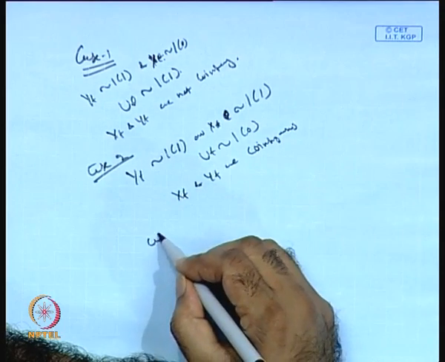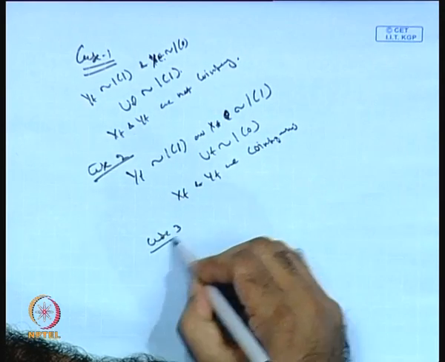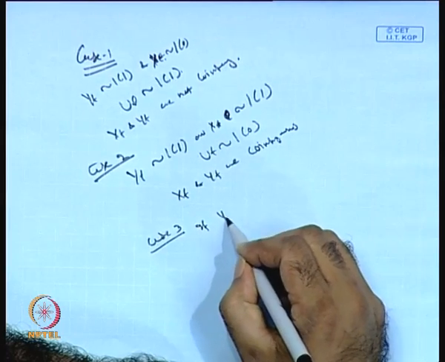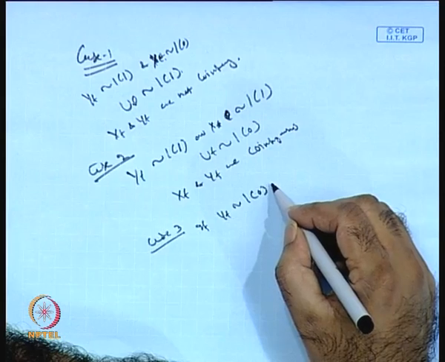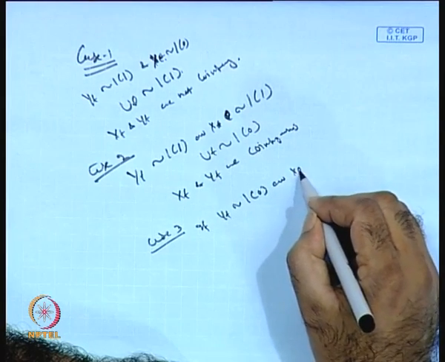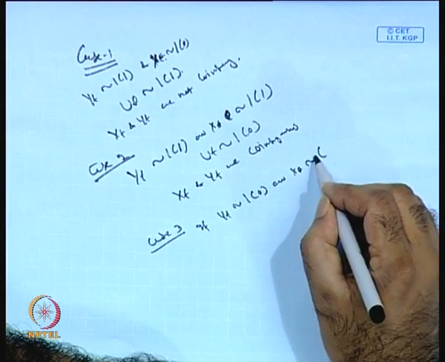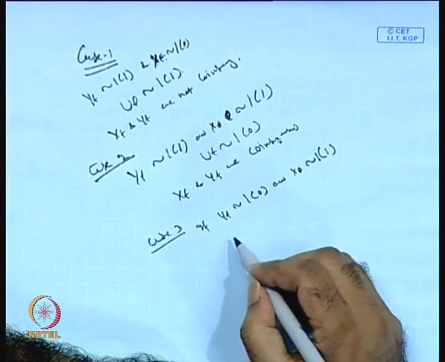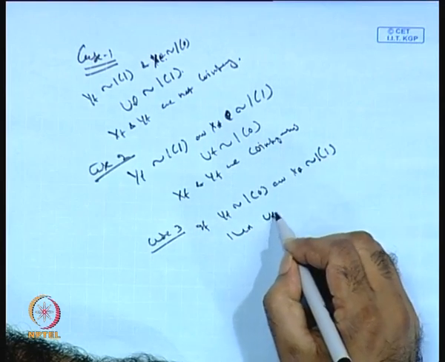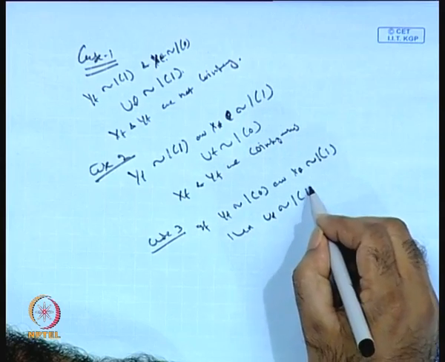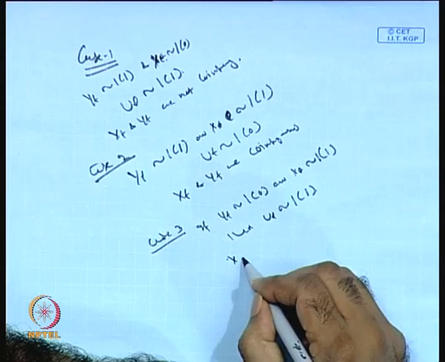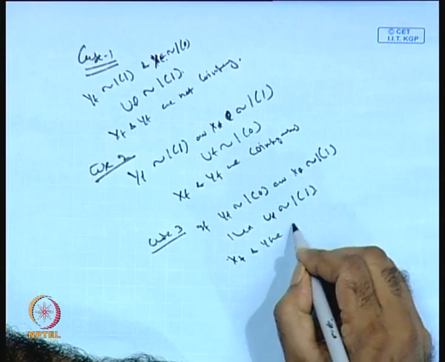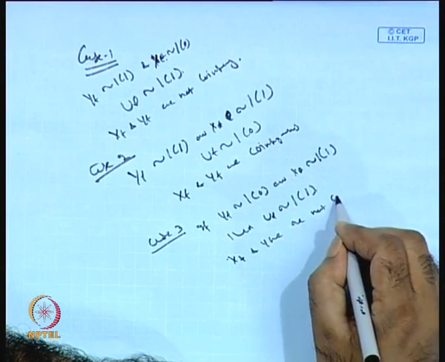Case 3: if y_t is integrated of order 0 and x_t is integrated of order 1, then u_t will be integrated of order 1. In that case x_t and y_t are not co-integrated.